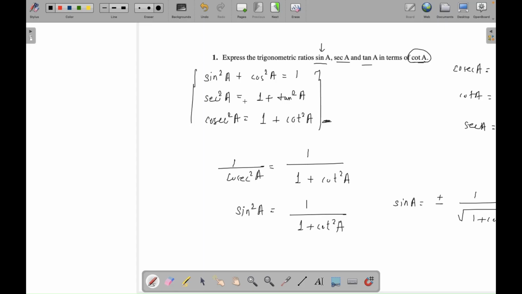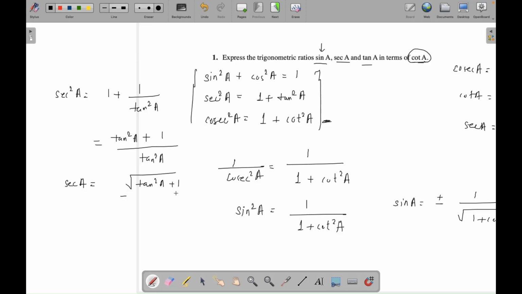Sec square A is equal to 1 plus tan square A. So we'll write sec square A is equal to 1 plus 1 upon tan square A. If we take the LCM, that will be tan square A plus 1 upon tan square A. So sec A will become root over tan square A plus 1 upon tan A, again plus minus. Oh, sorry, we had to write this in terms of cot A, right?